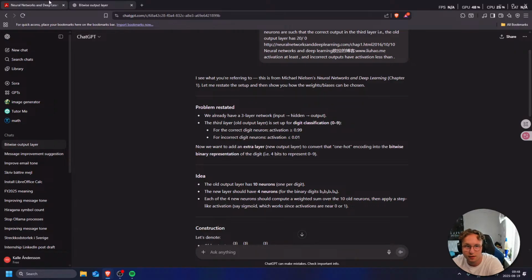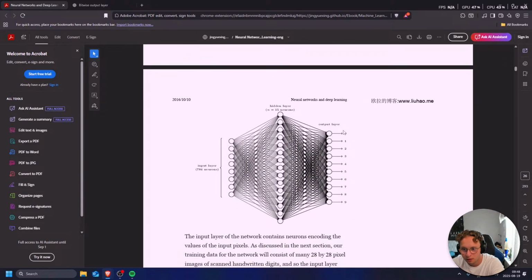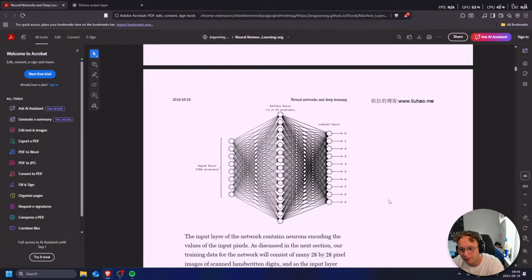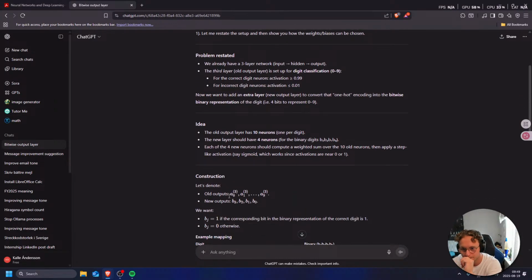And I think it's this one here. The new layer should have 4 neurons for the binary digits, right? So instead of having 10, we basically make this a hidden layer, I think, and then put 4 neurons here, and they should act as an output layer. Yeah.